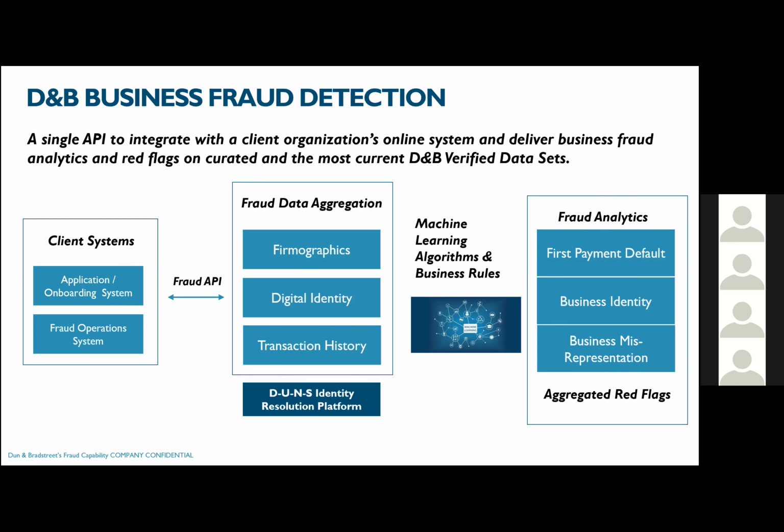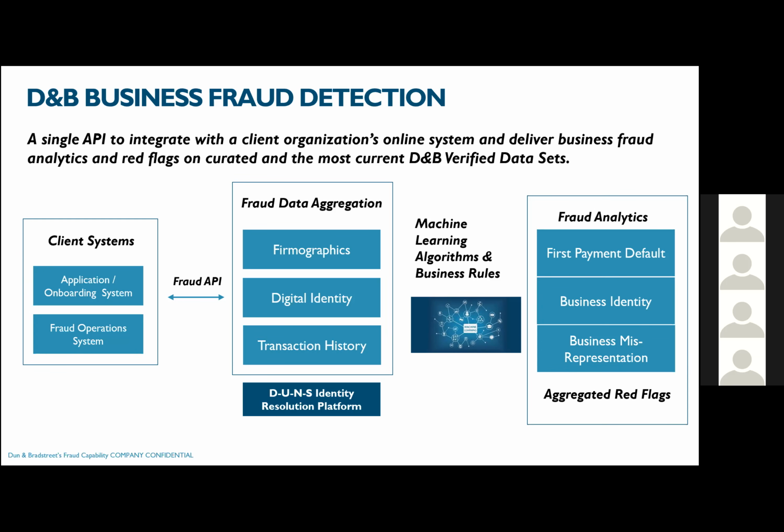At the end of this process, you will be able to see in your own fraud operations workflow our machine learning fraud analytics, which cover major first-party and third-party fraud types, and very importantly, all the red flags and fraud signals you will be able to leverage for your fraud investigation.